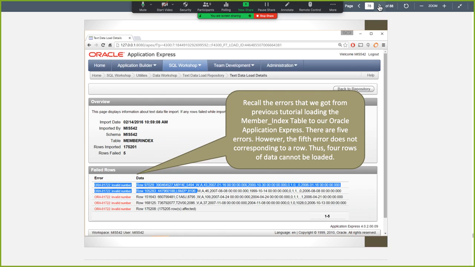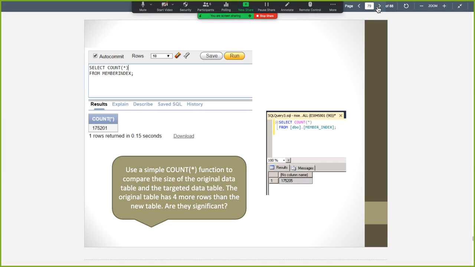It's actually checked from, this is a previous version of the Oracle Application Express, and when you import the data, there are failed attempts. Some values are inconsistent. They fail to be ported to a new database, or maybe the column or the data format is incorrect. And we use a count to try to verify if the original data records you export are consistent with the data you import.